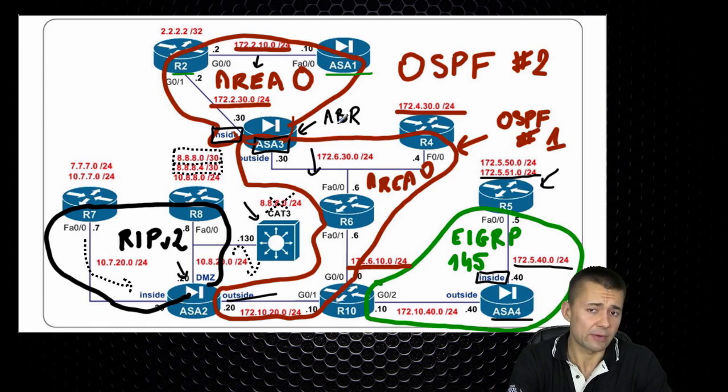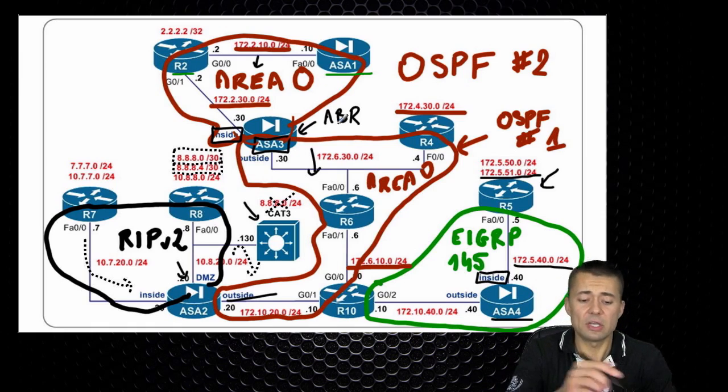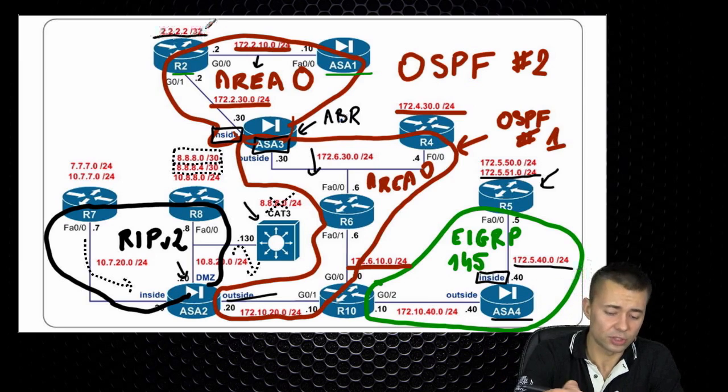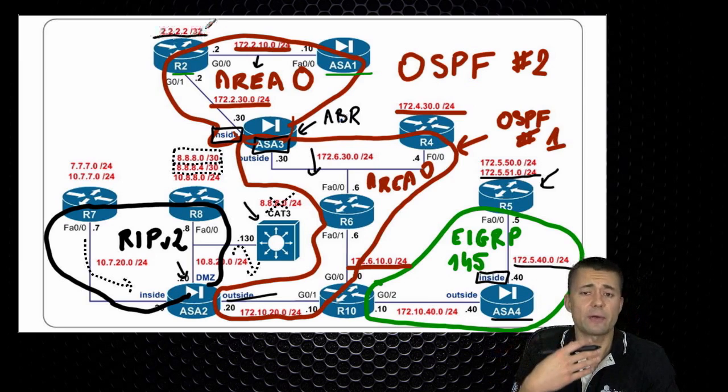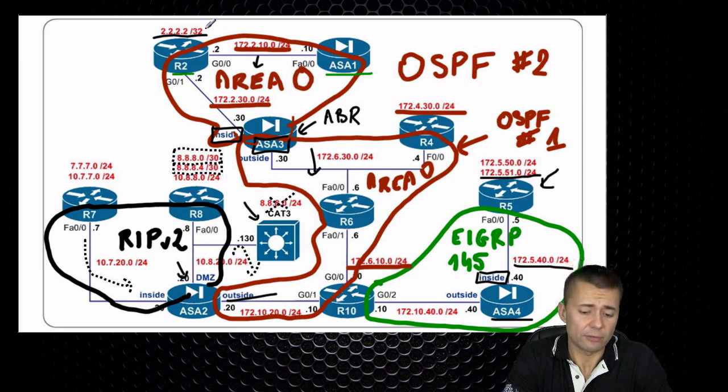Maybe I'm doing network address translation. I may still have some private ranges that I want to advertise, but again, I don't want to advertise my RFC 1918. So I cannot simply say redistribute OSPF 2 under process number 1.